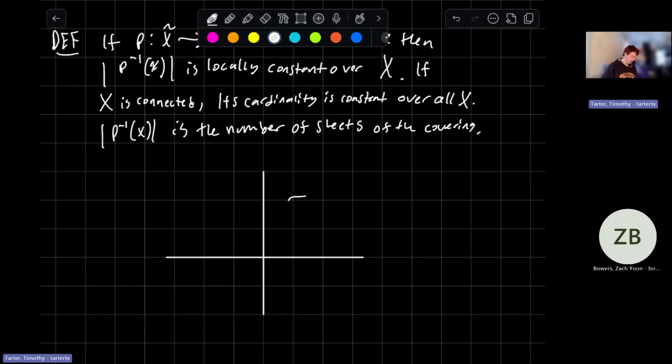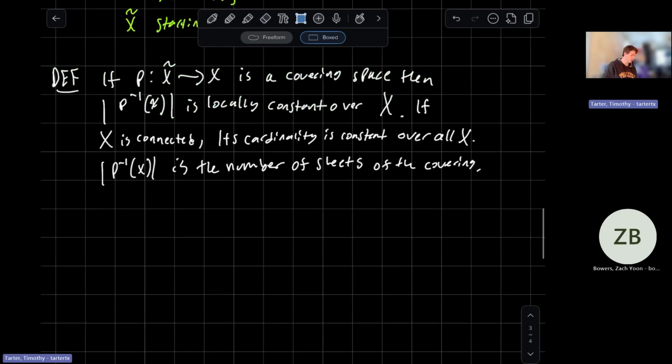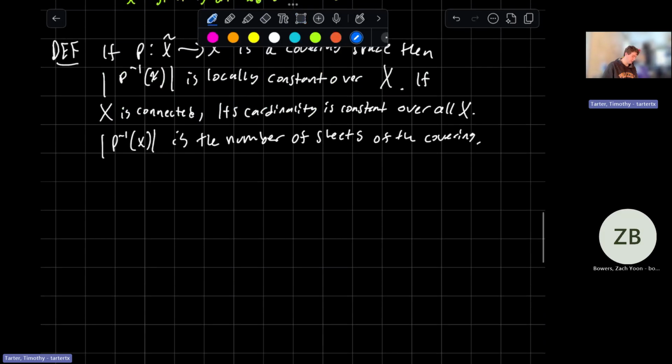But if you had a cuspoidal kind of thing that had a pole in here, then if this is a contour C, the integral of some analytic function f of z dz is equal to 2 pi i times the residue at that point. But then this is determined by the winding number of C. So this is an example of how we could calculate something with the winding number from the number of sheets of a cover space.